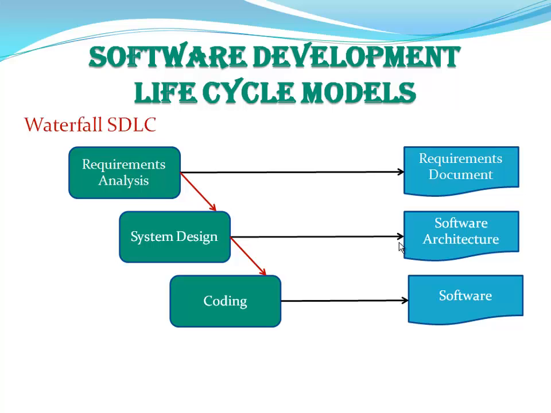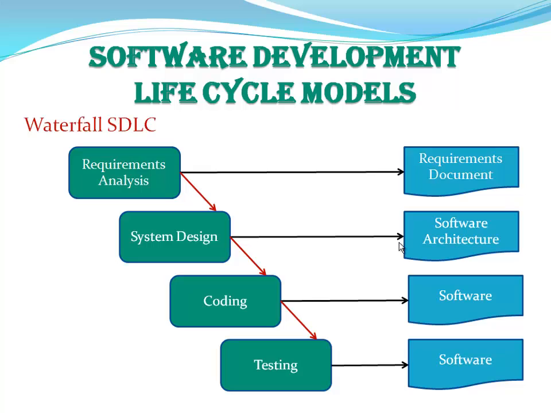The output of the coding phase is the software. The next task is testing. Once the software is created, it is tested, and there are different kinds of tests available, for example unit testing, integration testing, system testing, and acceptance testing. So this is the overall waterfall SDLC.